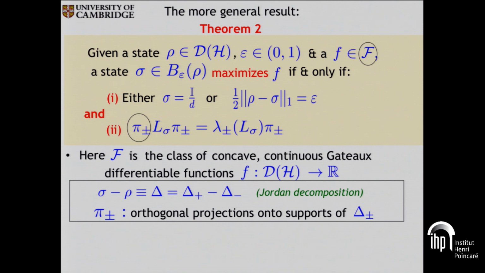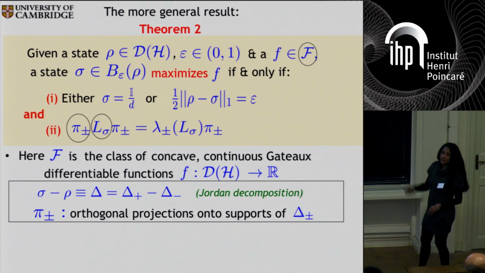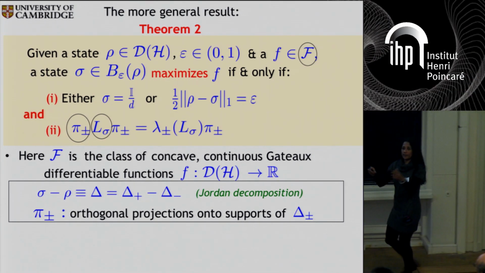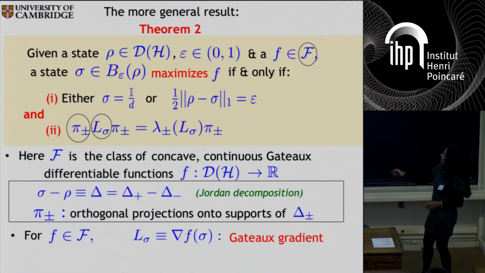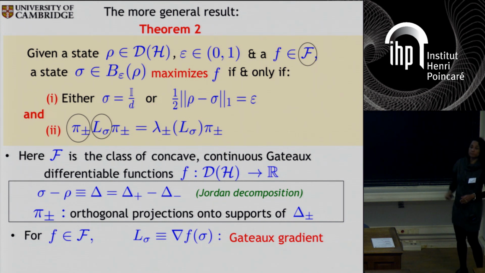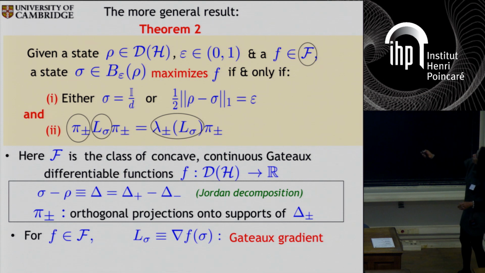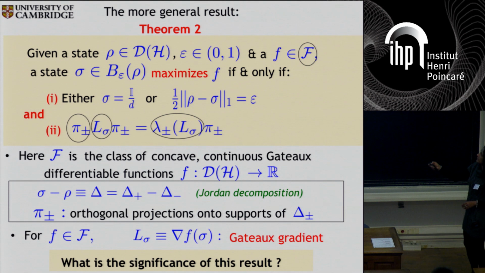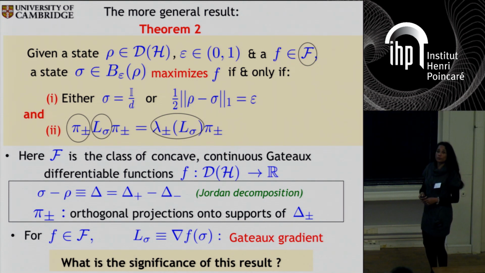And pi plus minus are just orthogonal projections onto the supports of delta plus and delta minus. What is L sigma? I've just used L sigma to make life simple for myself, it is just a short form for the Gateaux gradient of the function. Instead of writing this, I've just written L sigma. And what about this quantity? Lambda plus and lambda minus are just the largest and smallest eigenvalues of L sigma.